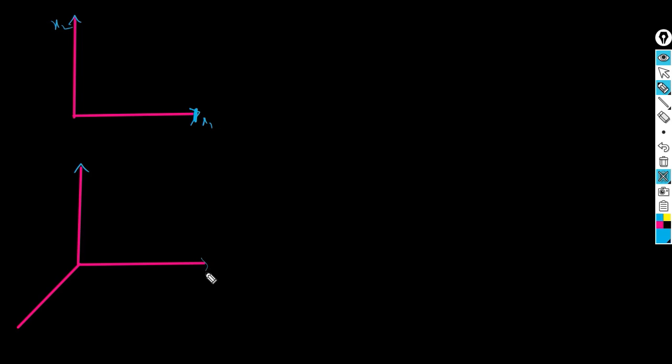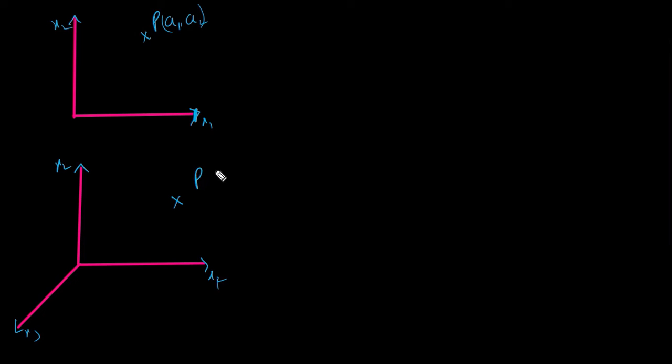Okay, I will just give these names x1, x2, x3 to the dimensional space, and let's consider point P. This is the point a1 comma a2 in the 2D space, and this is the point a1 comma a2 comma a3. Initially we are going to find the distance from the origin to the point.